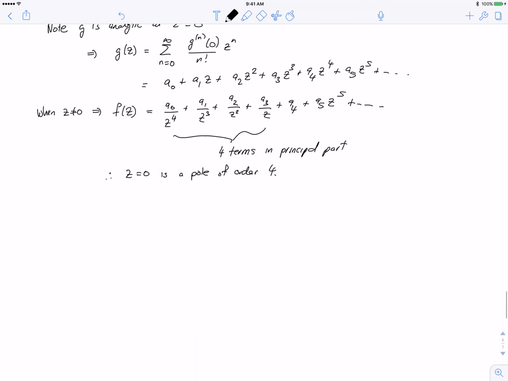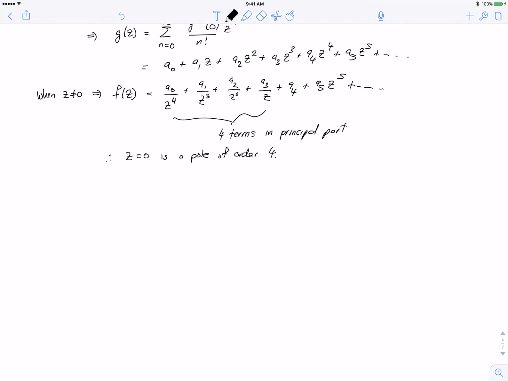I'll write the two results here. So suppose you have a function f and it has an isolated singularity at the point z equals z naught.